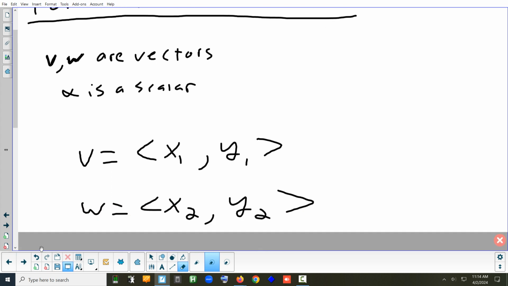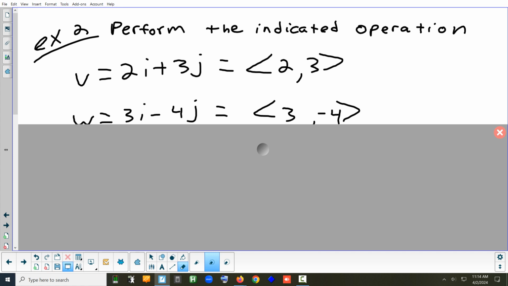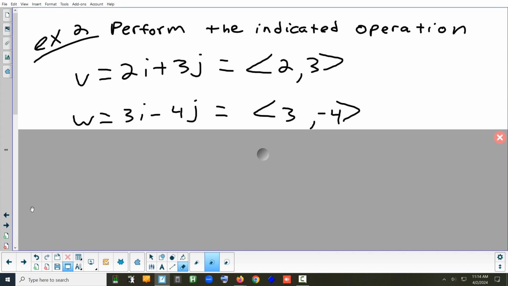Okay, so here are my two vectors. Vector V has a horizontal and a vertical component, and so does vector W. When we do an actual problem, those x1 and y1 are going to look more like this. I'll give you numbers.